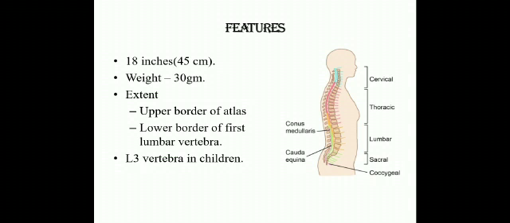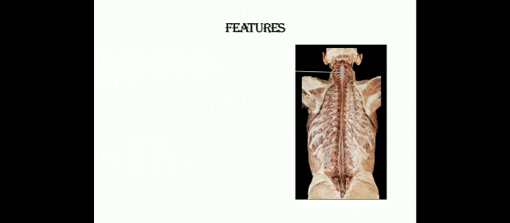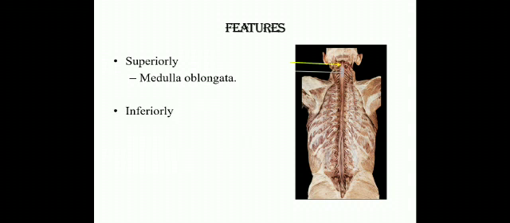In case of children, it extends up to L3 vertebra. Superiorly, it is continuous down from the medulla oblongata and inferiorly it continues as the conus medullaris.